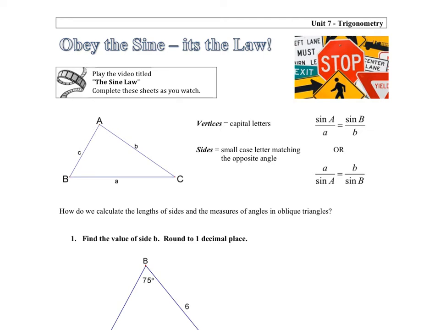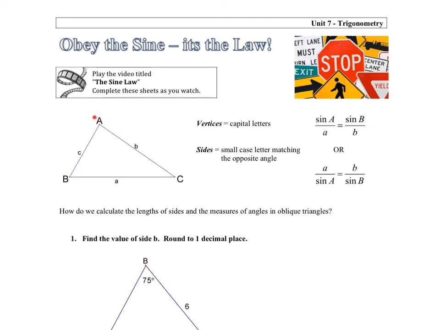Now, before we get into the sine law, it's important to know how to label a triangle in oblique triangles. Your vertices are capital letters, A, B, C in this case, and the lowercase letters represent your sides. But the sides have to match the opposite angle.